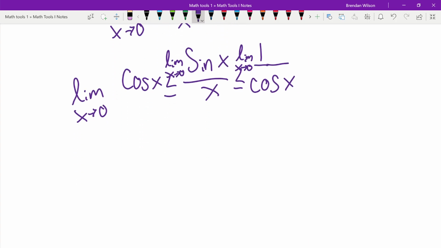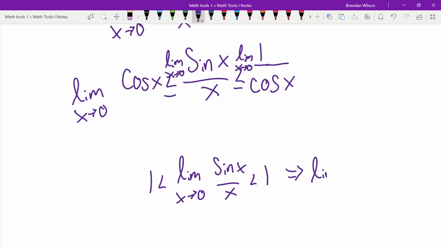So this implies that the limit as x goes to 0 of sine of x over x is also equal to 1.